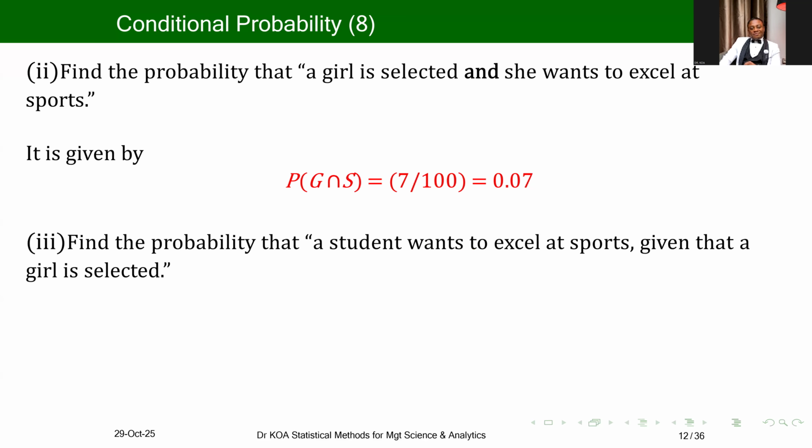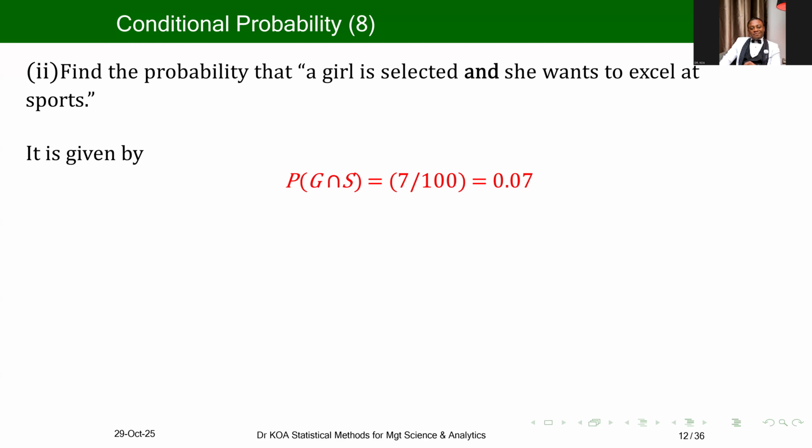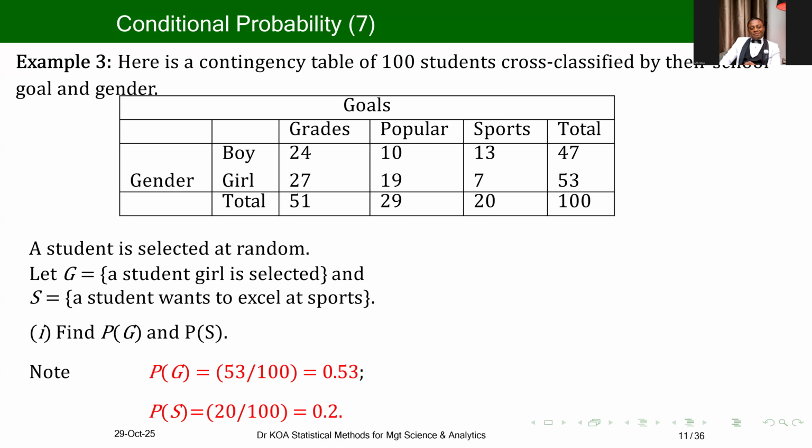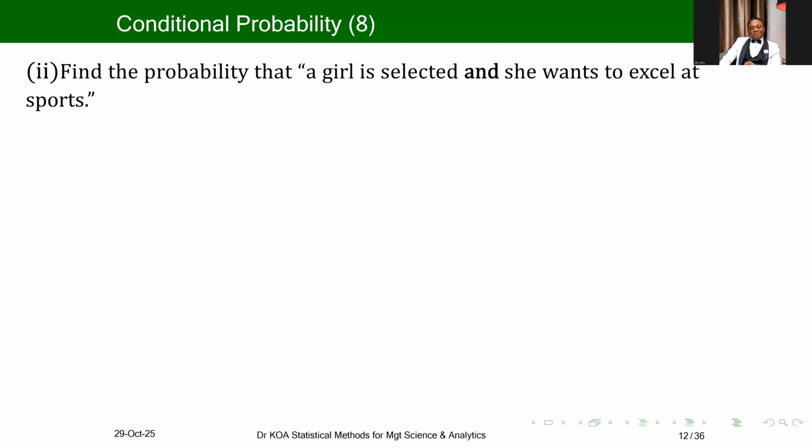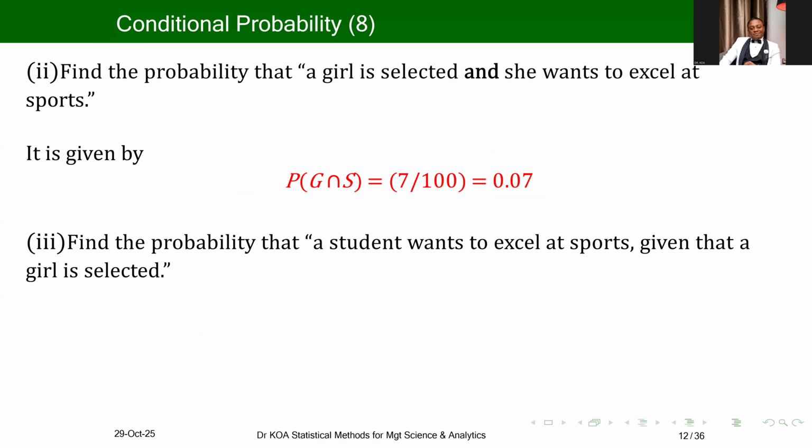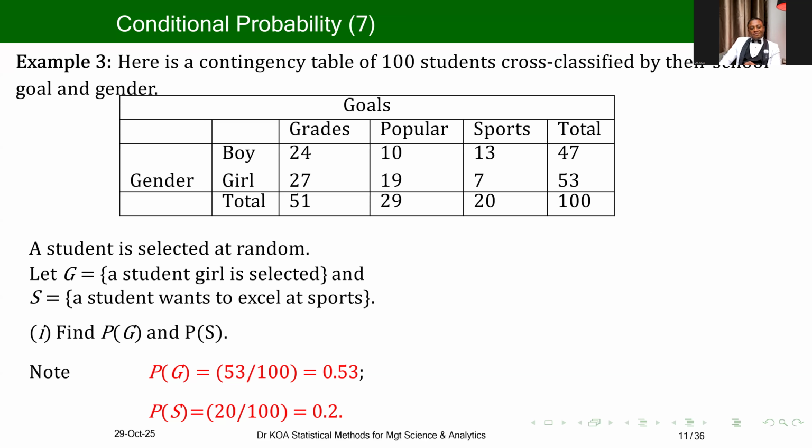Again, look at it before I show you the table. What kind of probability is this?